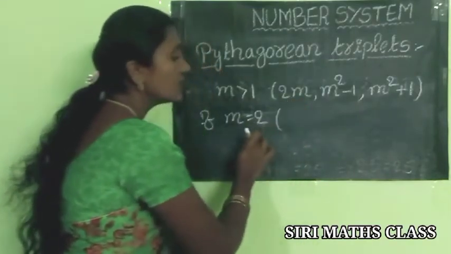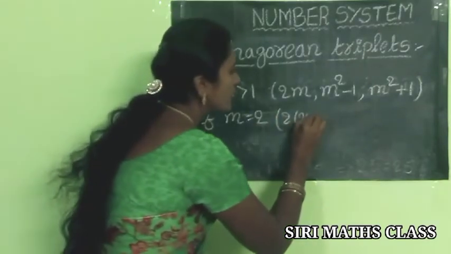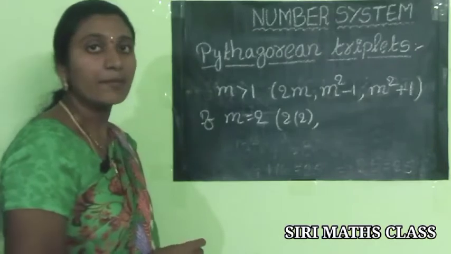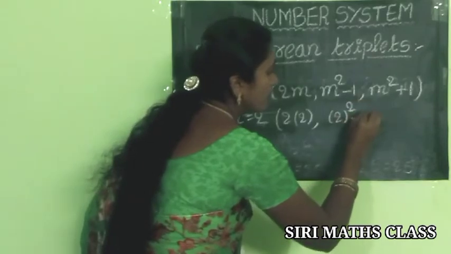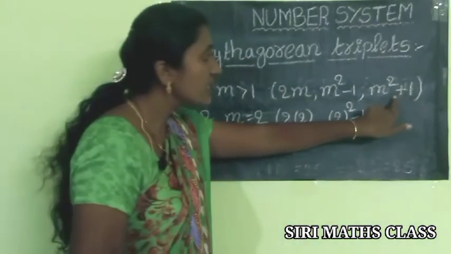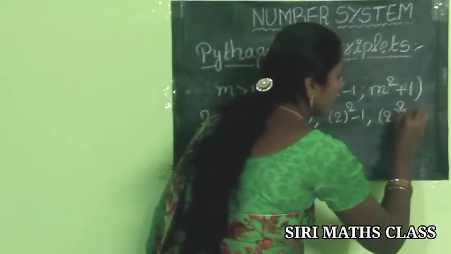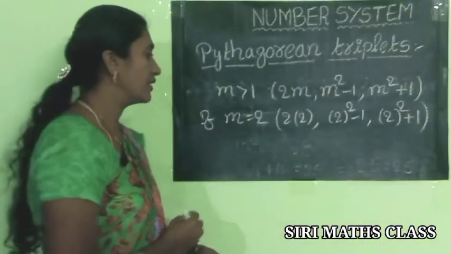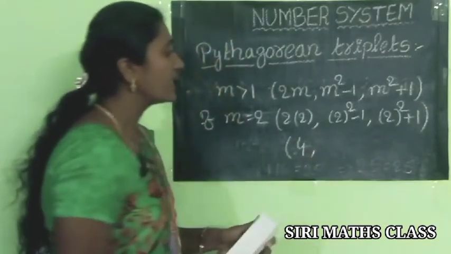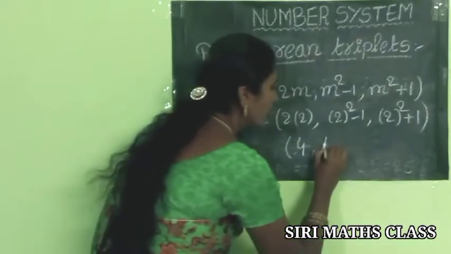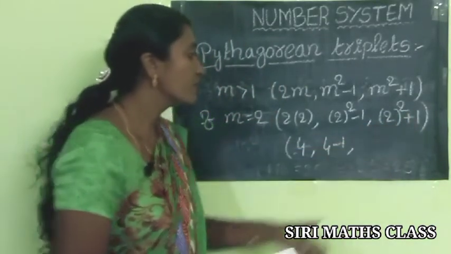Substitute M equals 2: 2 into M, then M square minus 1, that is 2 square minus 1, and next M square plus 1, that is 2 square plus 1. Here we can solve this. 2 into 2 is 4, 2 square value is 4, 4 minus 1, and next 2 square value 4, 4 plus 1.